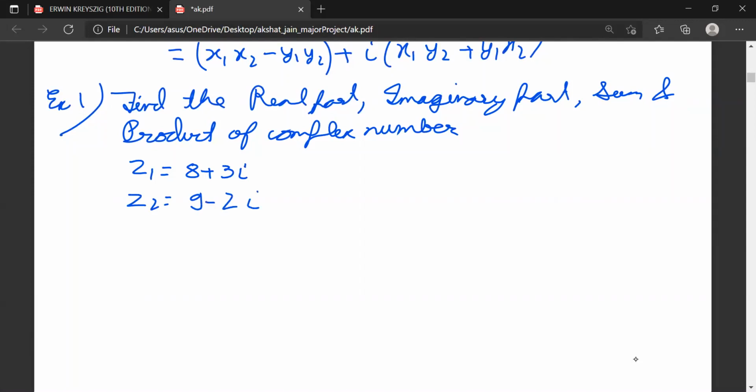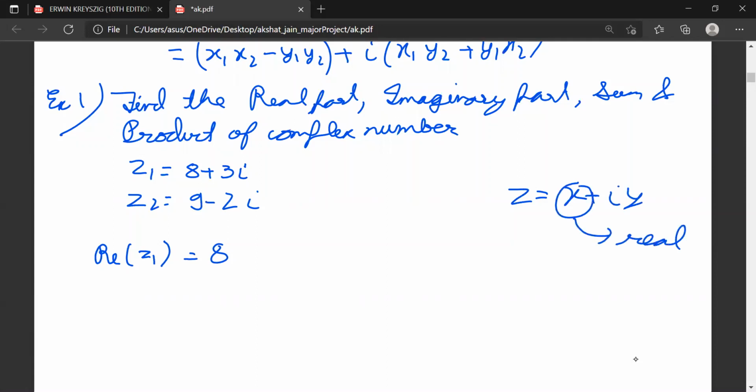First, what is the real part of z1? We will write real part of z1 equals 8, because z equals x plus iota y, where x is known as the real part and y is known as the imaginary part. Comparing, x will be 8.